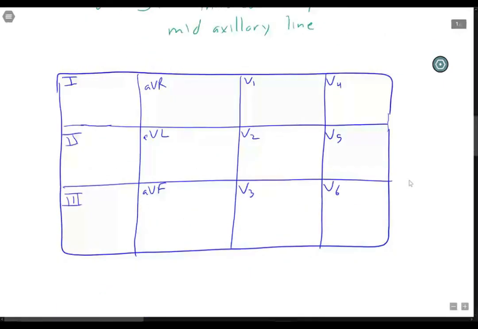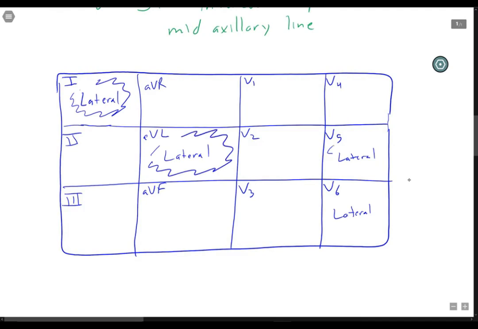And so these leads give us a nice view of the lateral side of the heart. Lead 1, AVL, V5, and V6. So they show us what the electrical activity looks like from the side. So I'll even color these in a little bit from the lateral side so we can keep them grouped together fairly well. So those are lateral.